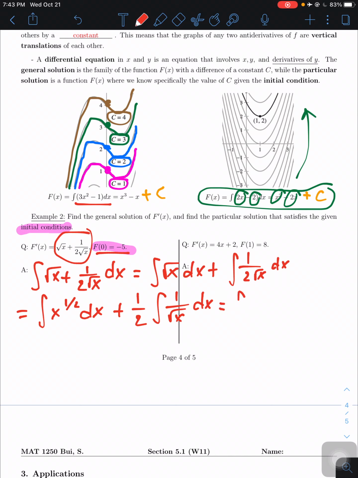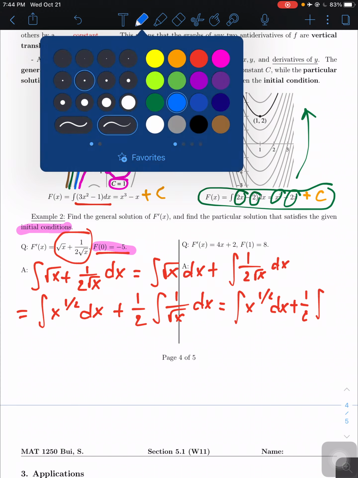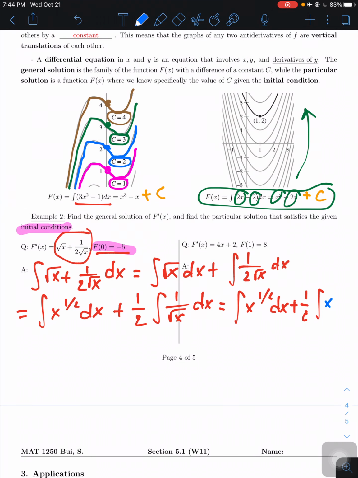And then let me copy and paste the first equation down here. But on the second equation, it's going to look like x to the negative 1/2. Let me change the color for this one because I think it's important. So this one is plus 1/2 integral, and the one in blue is x to the negative 1/2, and then dx to complete the integral.